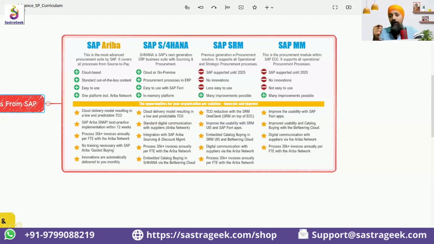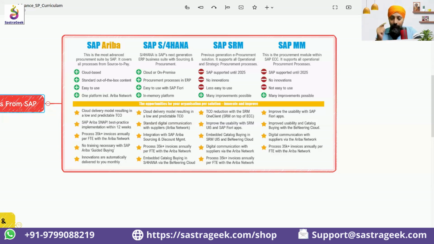Now, when you want to buy paint, will you go every time to find which vendor can provide the red paint, what quality he provides, what rates he provides? No, right? You don't do that. You have been producing red cars for years. You have a specific vendor for that.